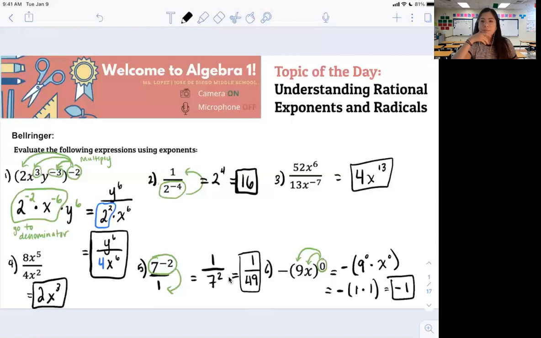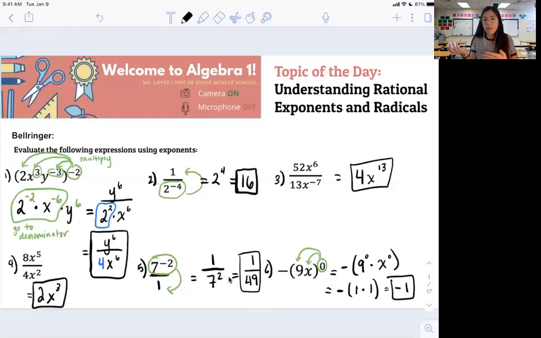It kind of applies to all of them. So if you ever have a negative in the bottom, it'll always go to the top no matter what. Yeah, because negative exponents kind of don't make sense, right? Because what is an exponent? An exponent is repeated multiplication, right?